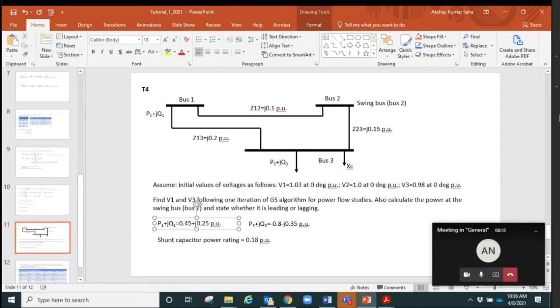And then on bus 3 there is a shunt capacitor connected. So that's what the difference is as compared to the other examples.